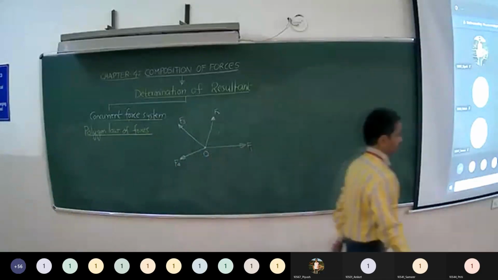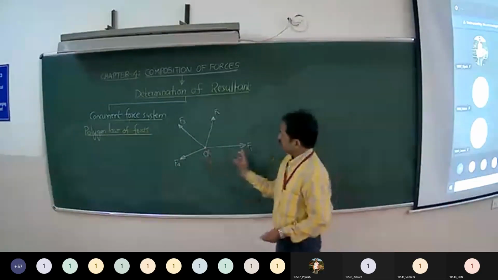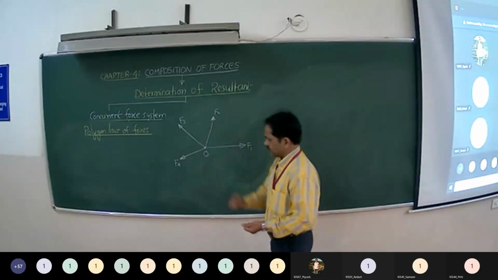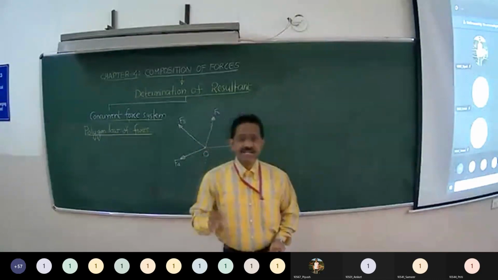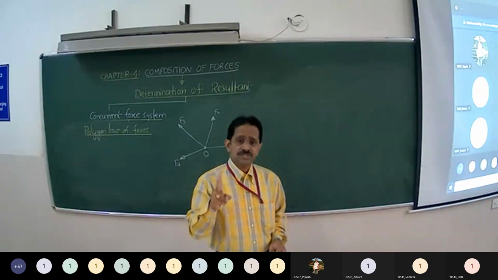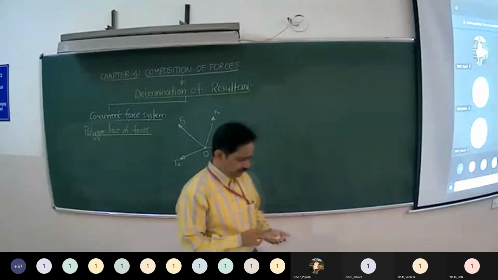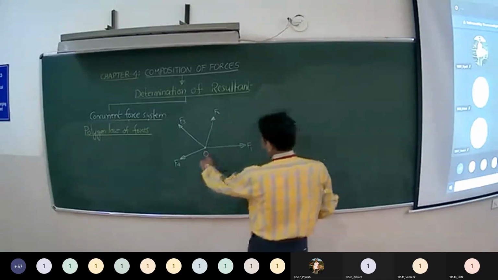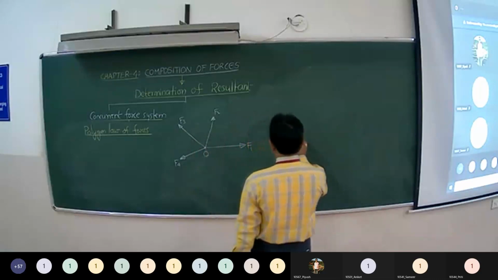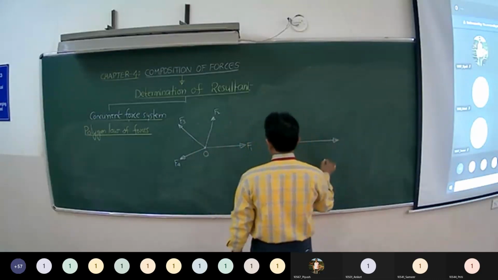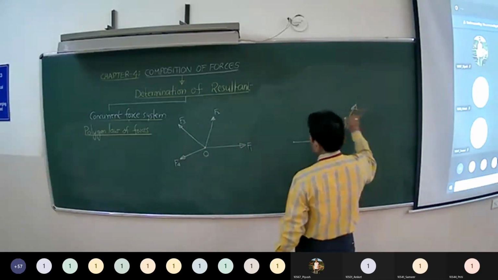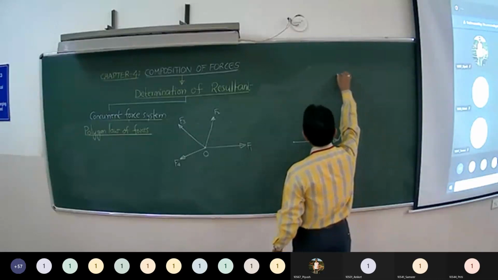Draw this figure. Here four concurrent forces are acting at point O, F1, F2, F3, F4. See, polygon law of forces is an extension of triangle law. Triangle law is used for only two forces, whereas polygon law for more than two forces. So as per polygon law of forces, these concurrent forces are represented in magnitude and direction by the adjacent sides of a polygon taken in order.